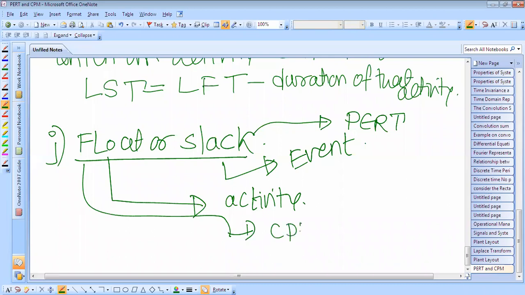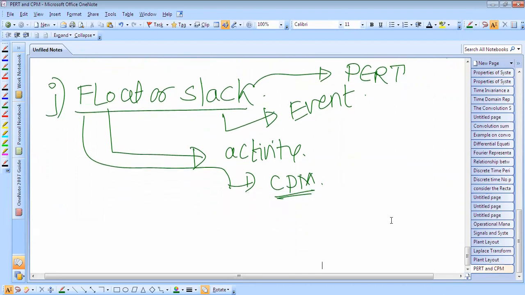But in general practice, they may be used interchangeably, and therefore it may be the float or slack, and it means a spare time.